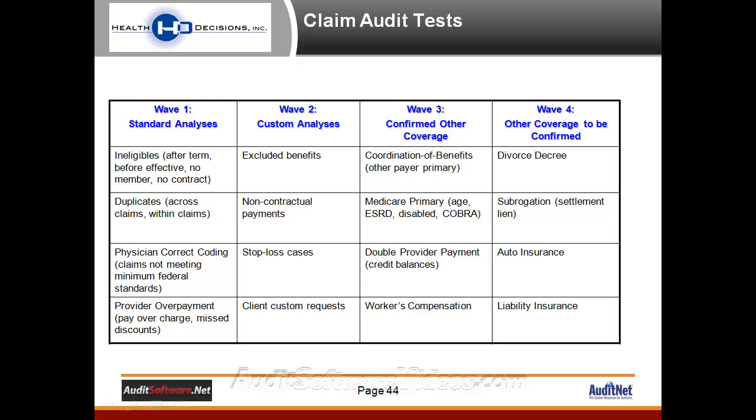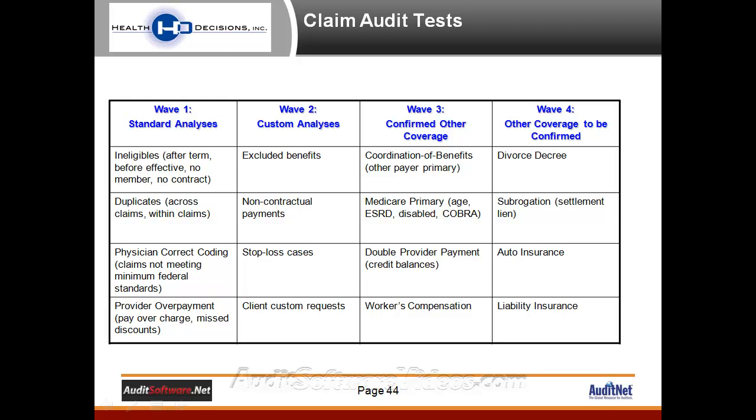Jumping over to the claim audit tests, this is where you may find some duplicate payments, non-contractual payments, where maybe you have a plan with that particular third-party administrator, but the plan is not being paid on. The system itself does not catch all of your plan specifics, and hence will pay things incorrectly.